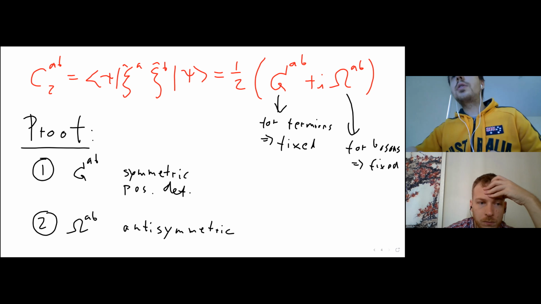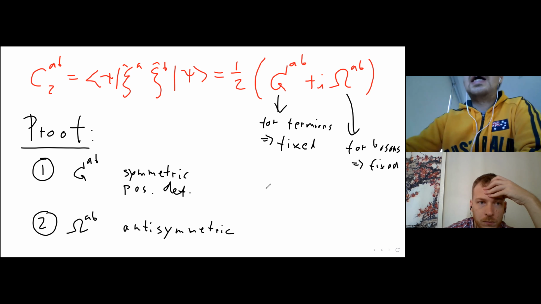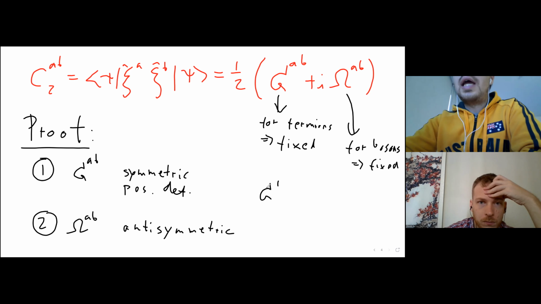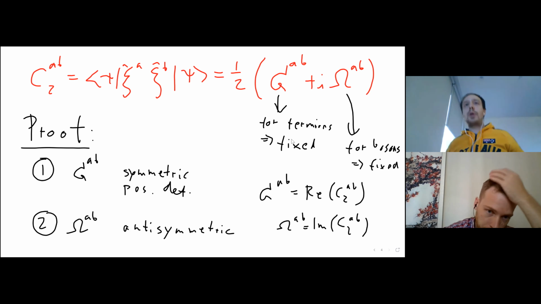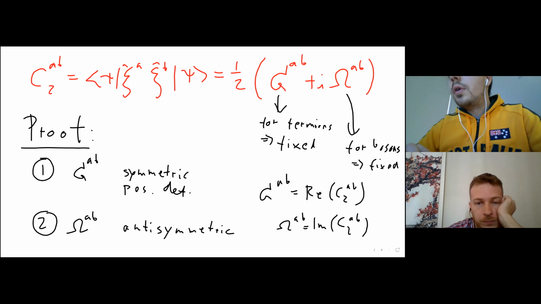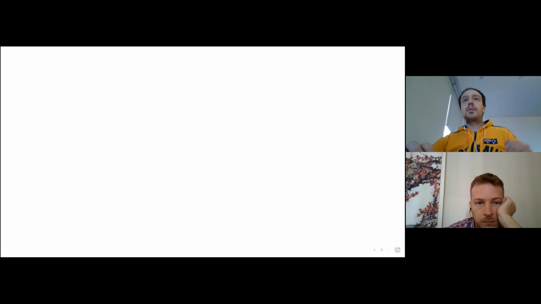You can take here really the definition that G_AB is equal to the real part of C2_AB, and omega_AB is equal to the imaginary part of C2_AB. That's one way to do it. So do we have volunteers to try out if you can prove this?